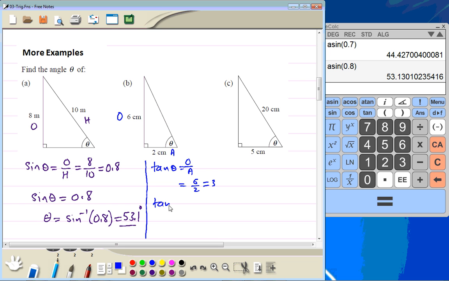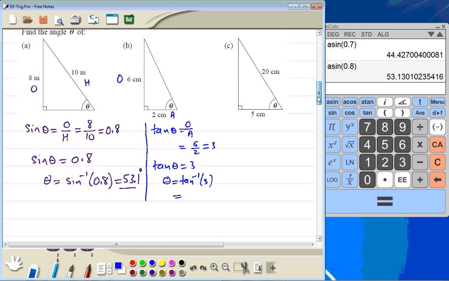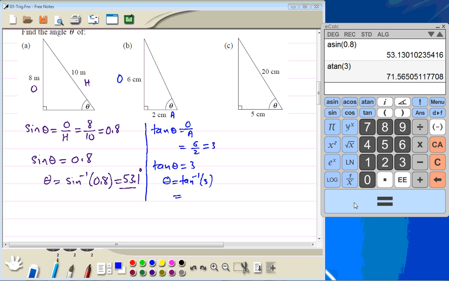So tan theta equal to 3, therefore theta is inverse tan 3. On this calculator, we press arc tan 3, close bracket, equal, 71.6.